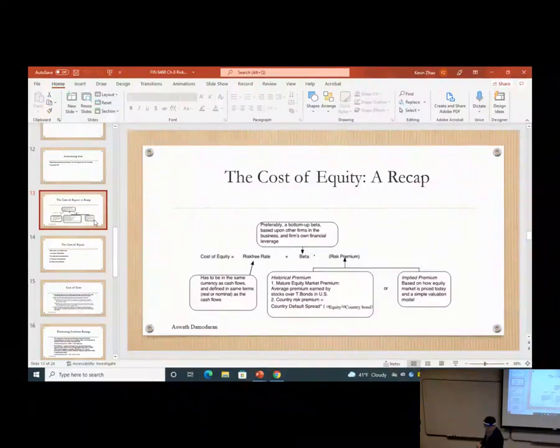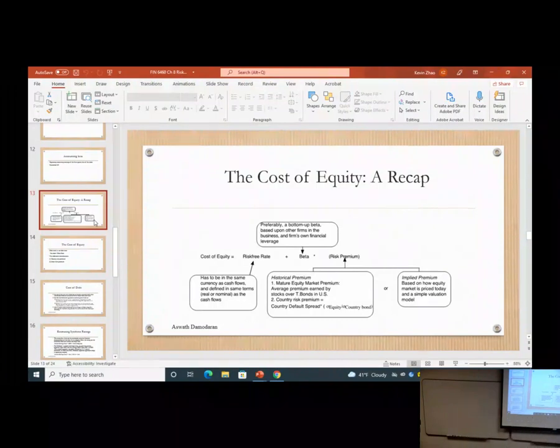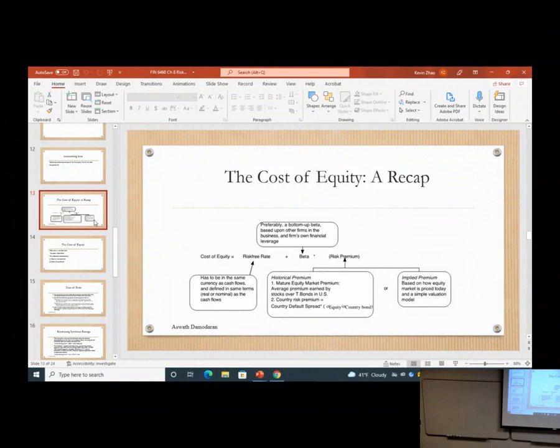So in order to get a cost of capital, we need 2 additional things. First one is cost of debt. And the second one is the weight of debt and equity. Equity versus debt. Right?